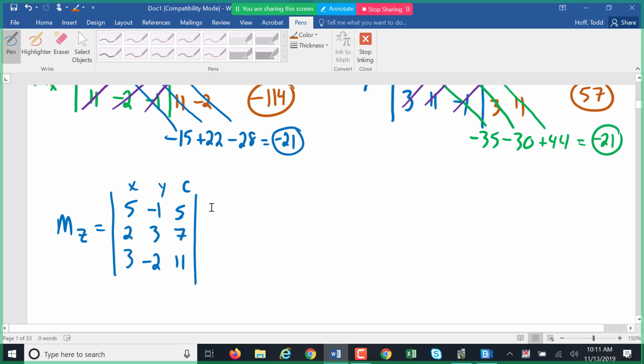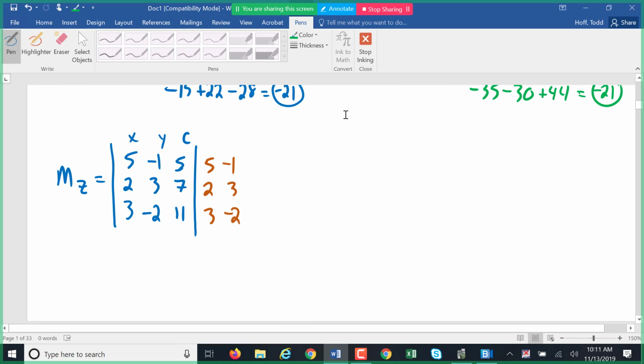So we copy down the first column, 5, 2, 3. Second column, negative 1, 3, negative 2. And we start to do our diagonals. So going down our first diagonal, 5 times 3 times 11 is 165.